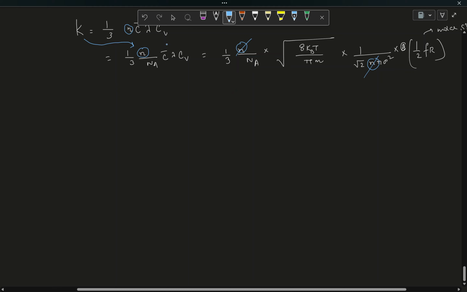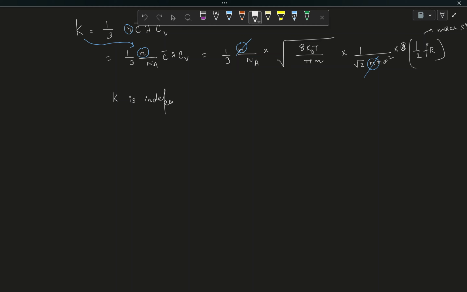That means your k is becoming independent of n. So k has no further n dependence. Okay, so k is independent of n.